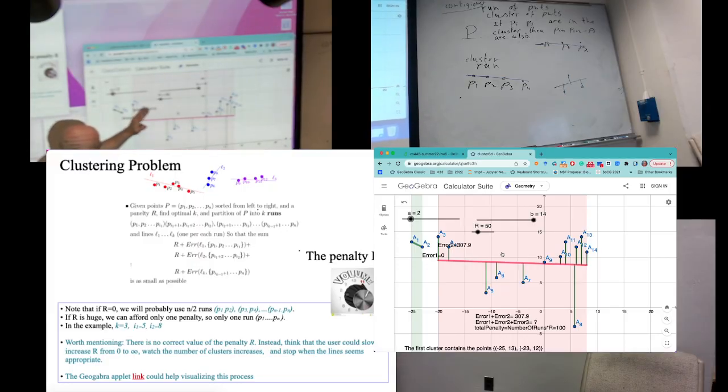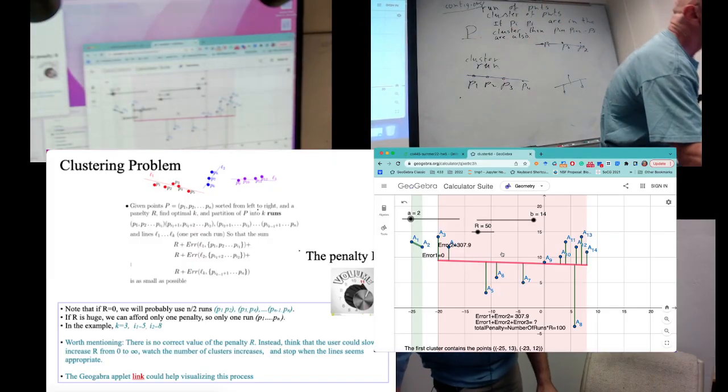That's error 2, the error of the second cluster. Error 1, the error for the first cluster: well, there is a line that goes exactly through these 2 points, so error 1 will be 0. And the total error that I'll pay will be what I paid for error 1 plus what I paid for error 2.